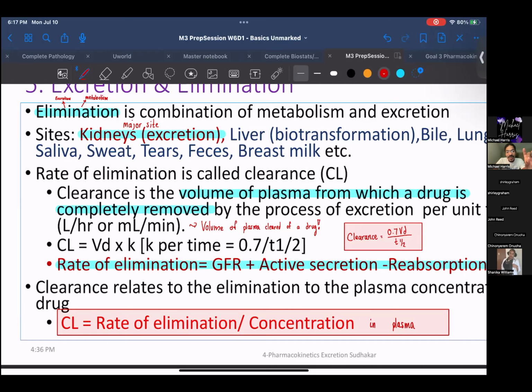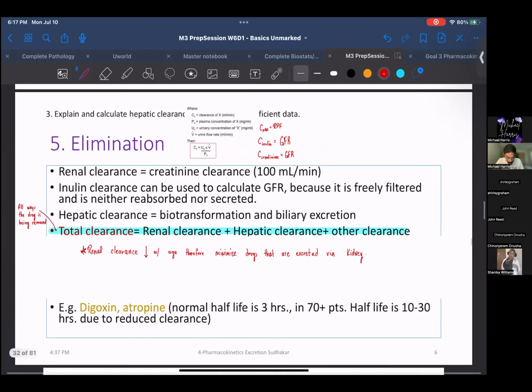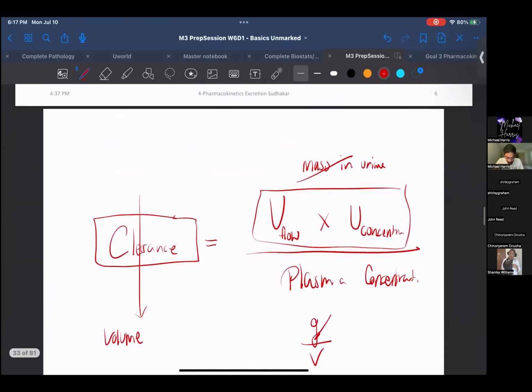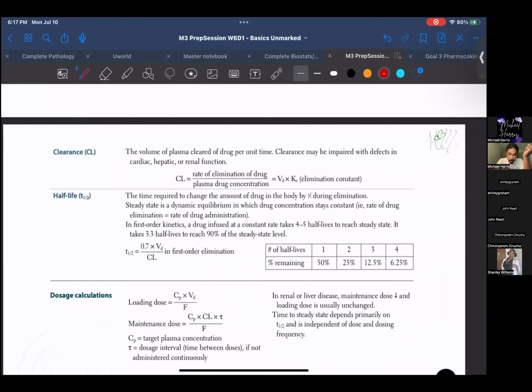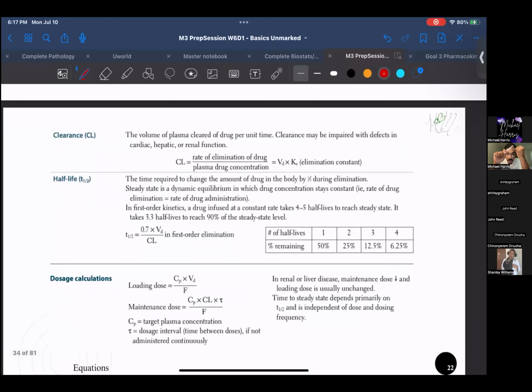Okay. So, anyways, we got questions at the end, so I'm not going to harp too much on it. But that's essentially what it is. Now, with that being said, let's keep moving on. Here is clearance. The rate of elimination of a drug divided by the plasma drug concentration. Now, why is this so important?